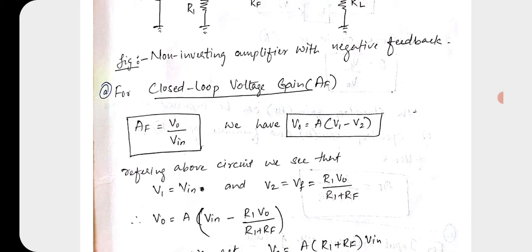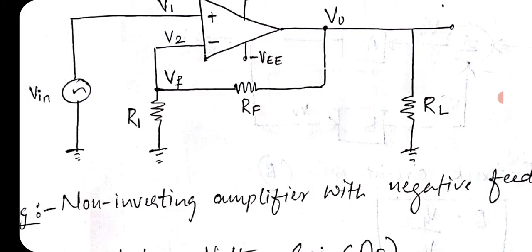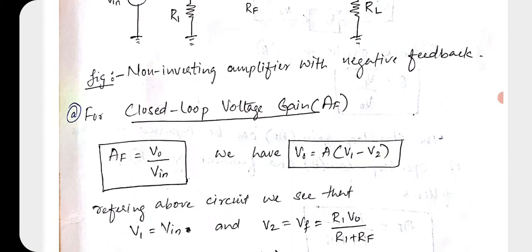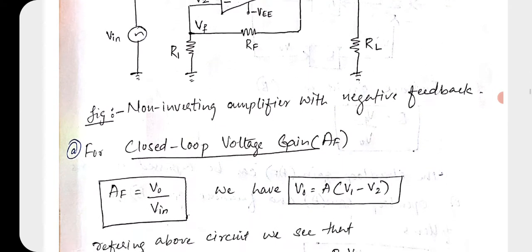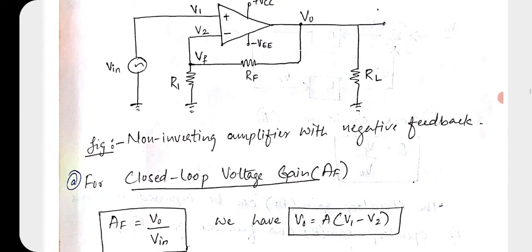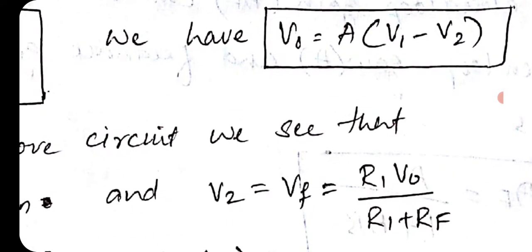So here V2 is nothing but Vf at this junction. At this junction Vf, we have to use the voltage divider rule. How will you write V2 there? How will you write the voltage divider rule? The resistance of the present branch is R1, into V0.